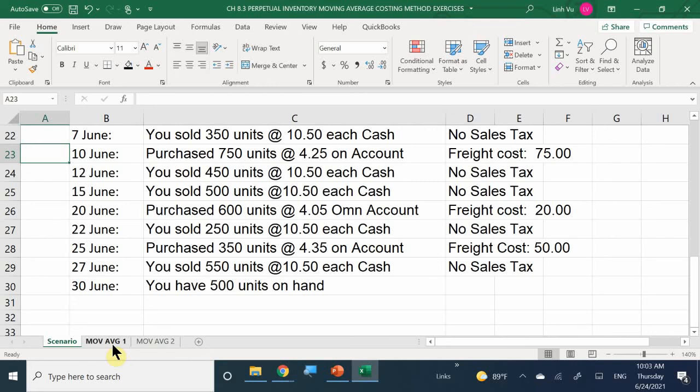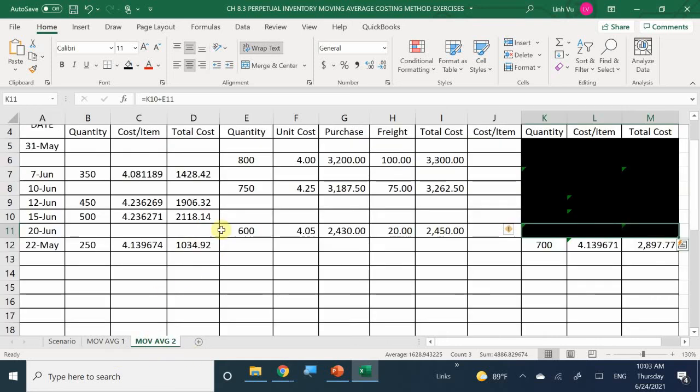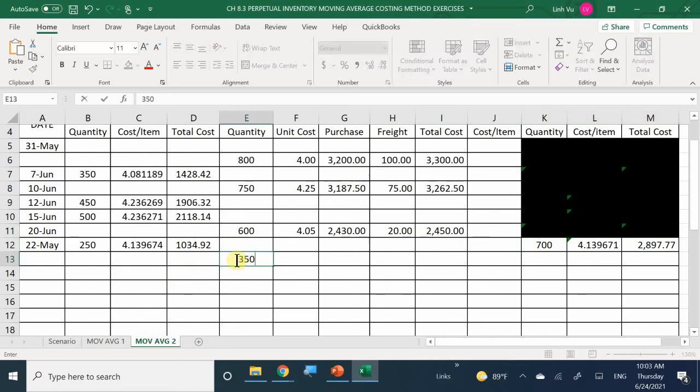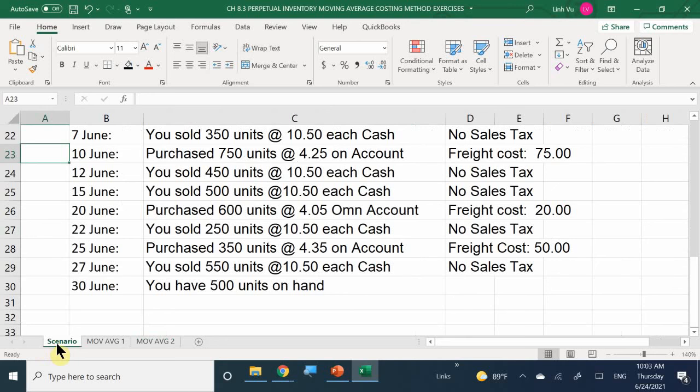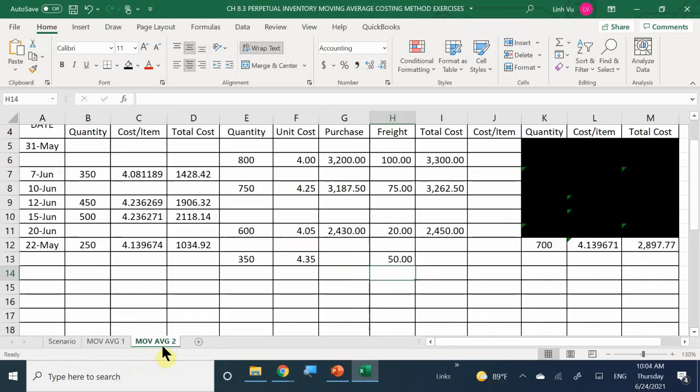Purchase another 350 units, 435 with a freight cost of 50. 350 at 435 with freight costing 50. Yes. 350 at 435 with a freight costing at 50 on June 25th.